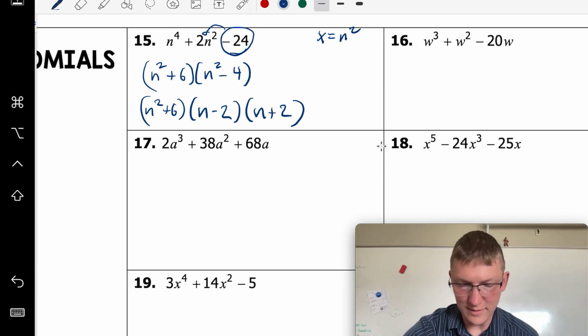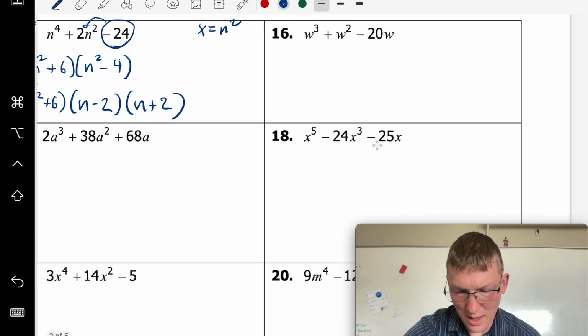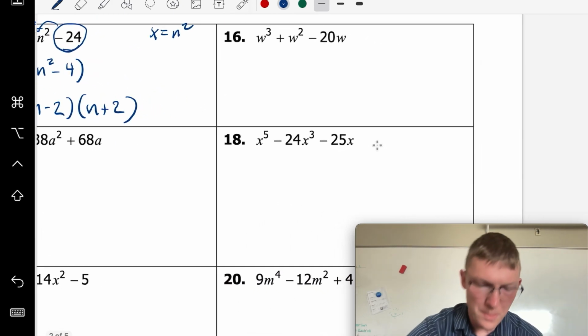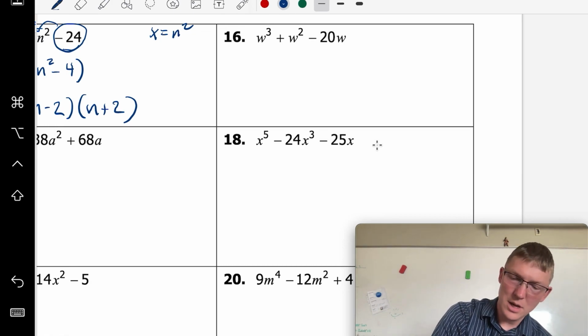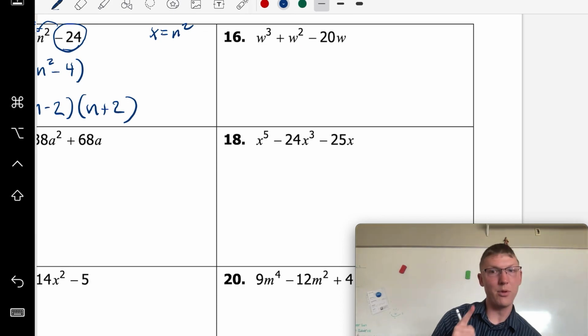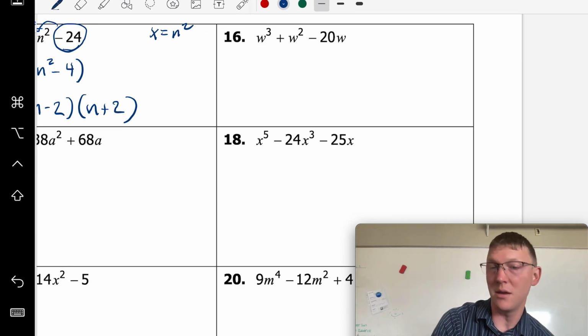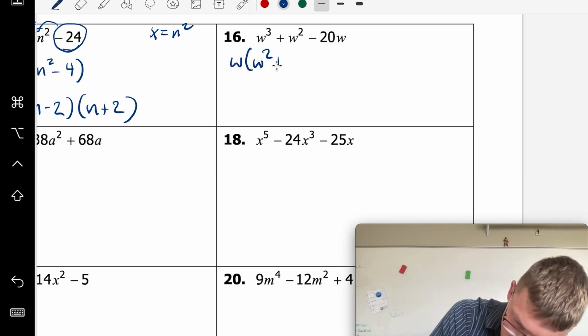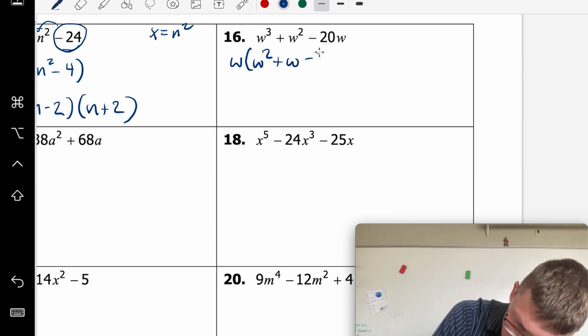Number 16: step 1 of factoring, I see a W and a W, so that triggers my alarm bells to pull that W out first and then start factoring. So we are going to pull that W out first, times W squared plus W minus 20.